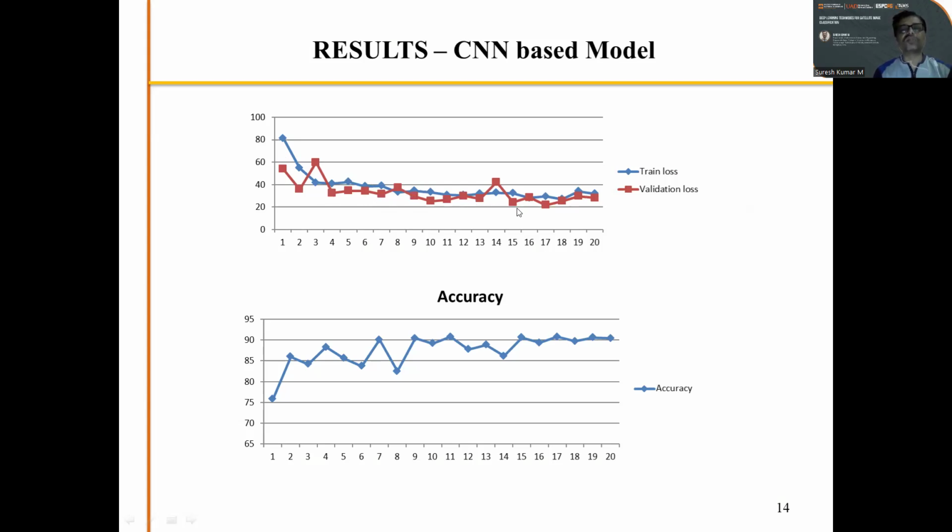What we observe from this diagram is that the loss decreased consistently, both training loss and validation loss, as we increase the number of epochs. In the same way, accuracy also increased from 75 at epoch 1 to nearly 90. So as we increased the number of epochs, accuracy also increased and loss decreased.